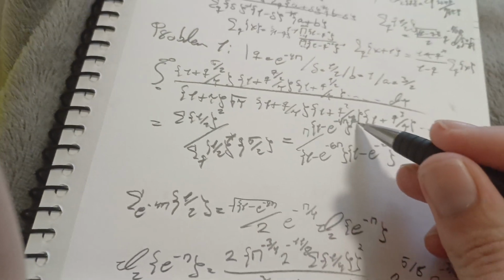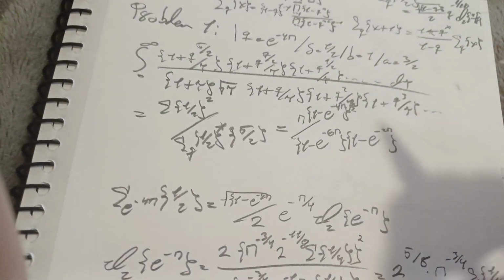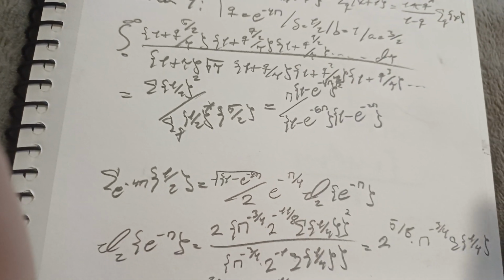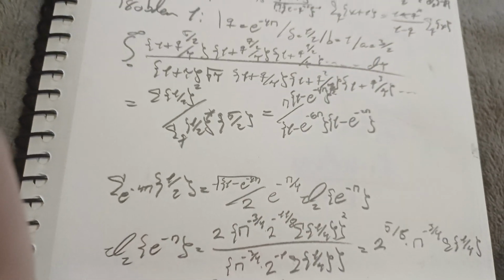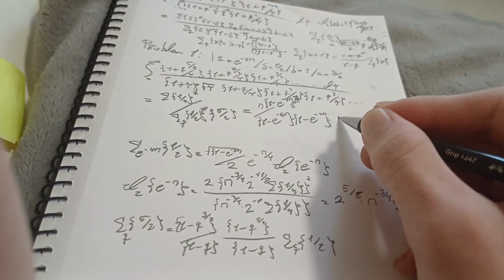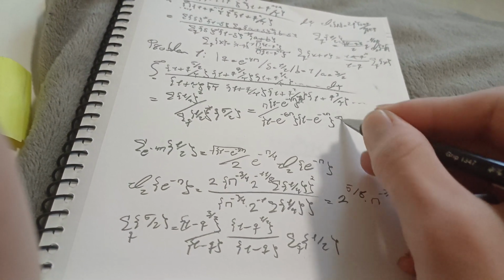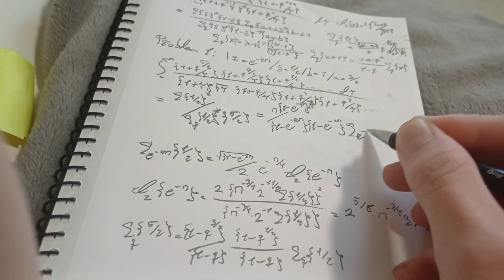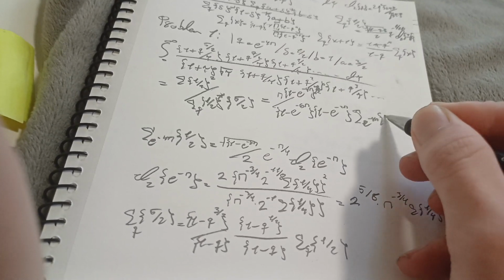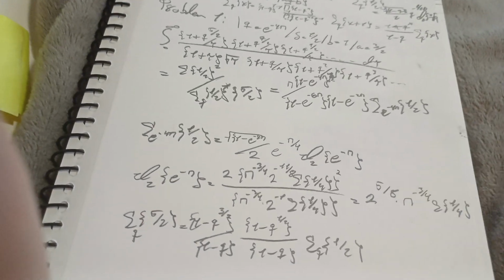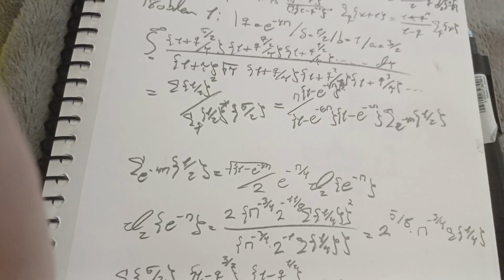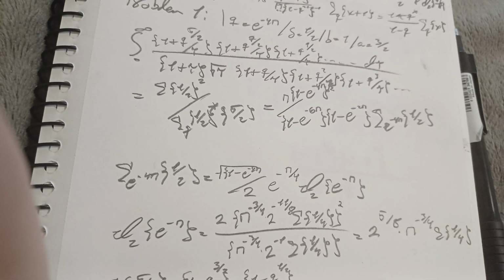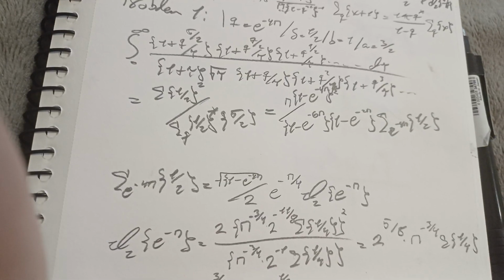So if that's not visible, there's a squared there. And then we're going to get q gamma function of e to the minus 4 pi of a half. So this is almost our final result.